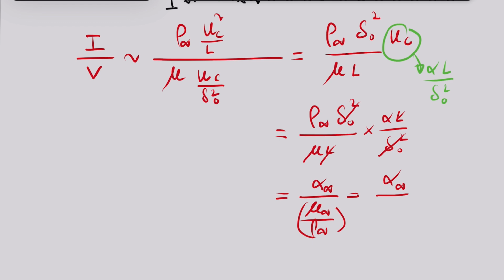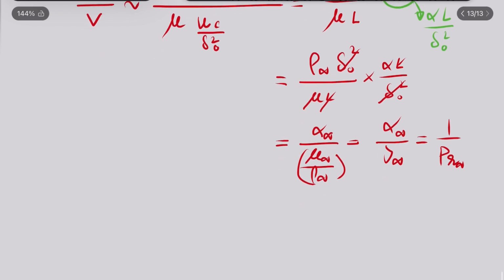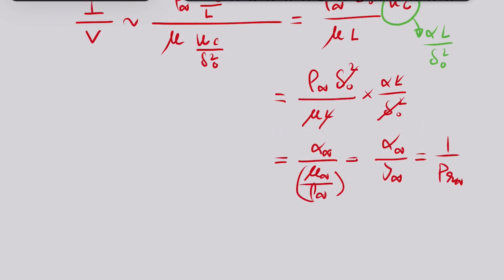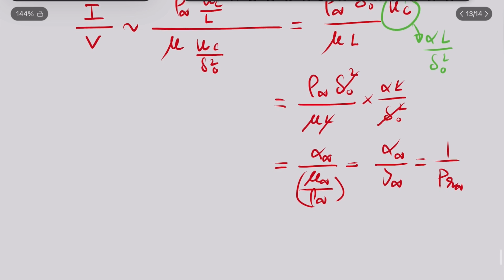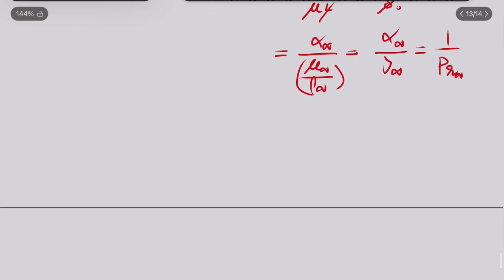So alpha infinity by nu infinity, that is 1 by Pr infinity, the Prandtl number for the ambient state. So that means we have inertia by viscous of the order of 1 by Prandtl number based on the reference state.